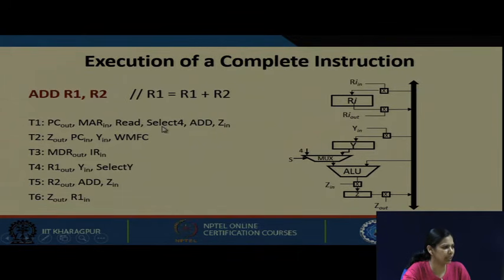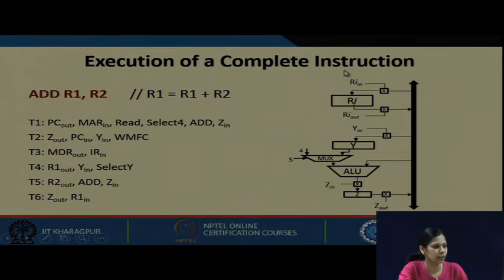At the same time, we select 4, because once you do PC out, it is available at the B input. This particular diagram is not the entire single bus architecture, but let us say you have PC here.